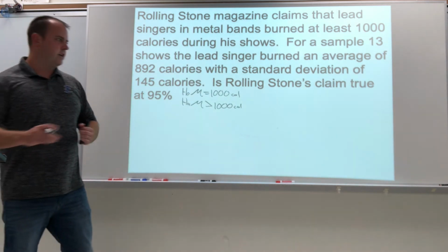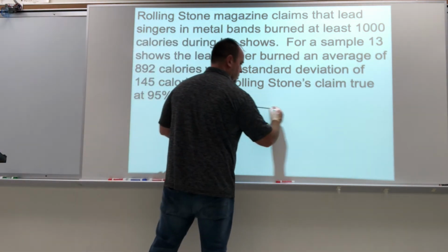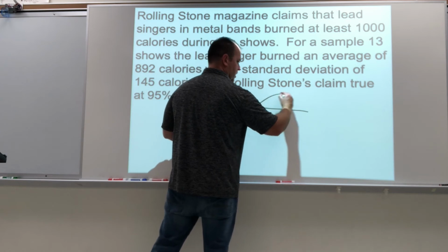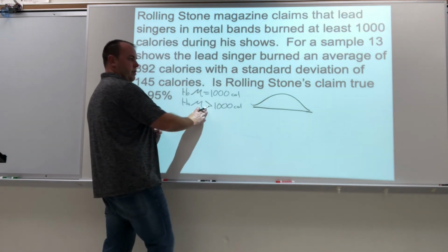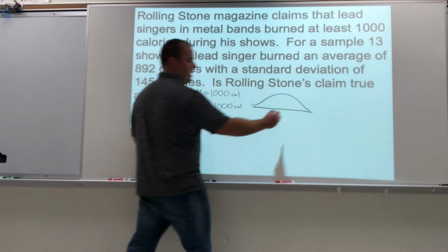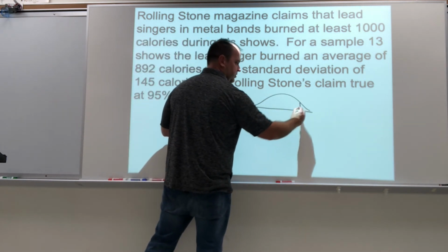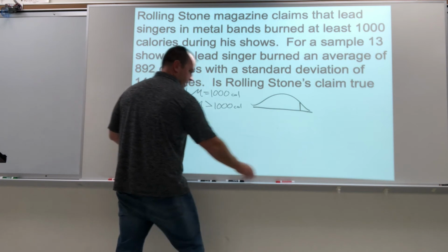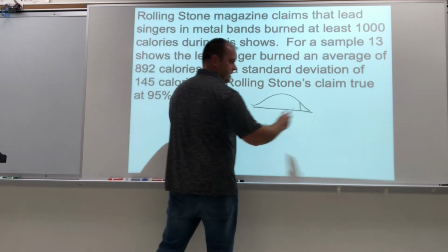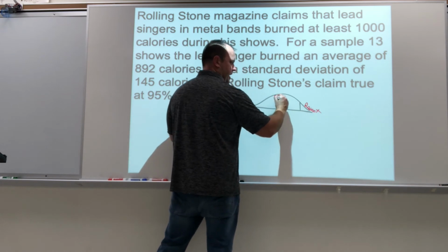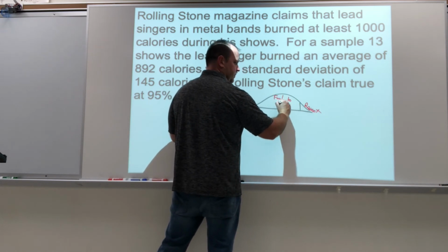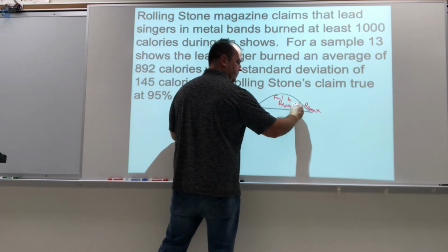If I'm drawing my curve, this time, since it's greater than, this is going to be a right tail test. So there's our critical value. And again, we have the reject in the tail and fail to reject. Okay.